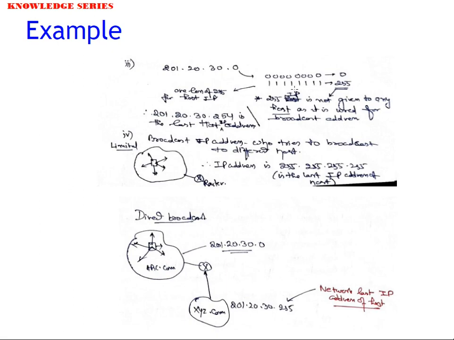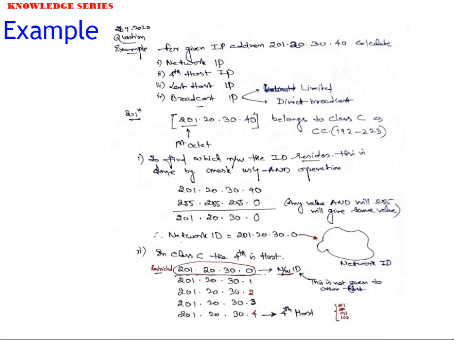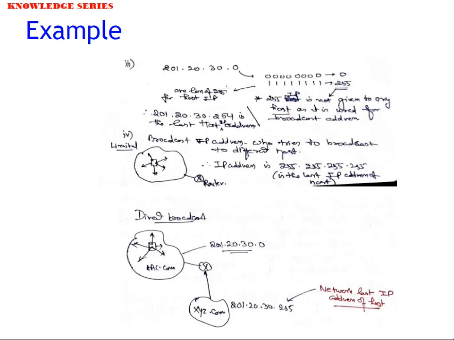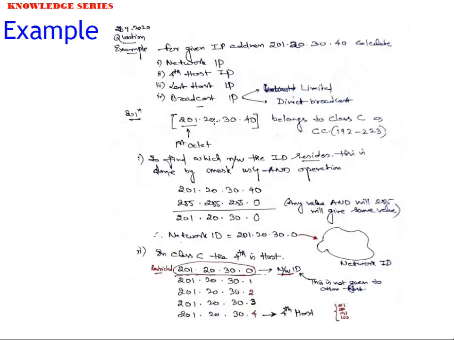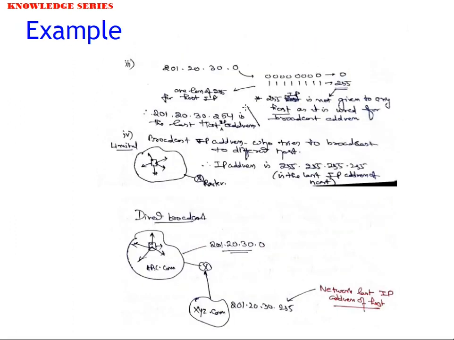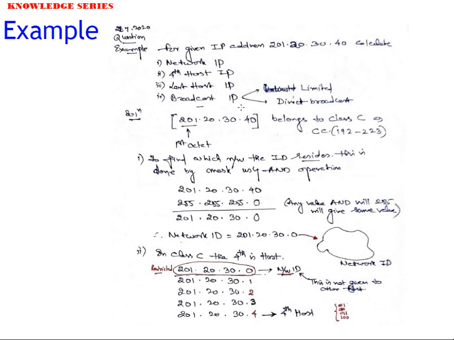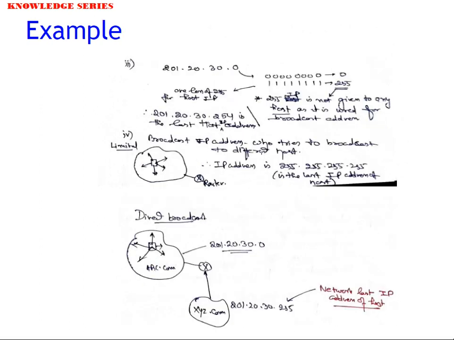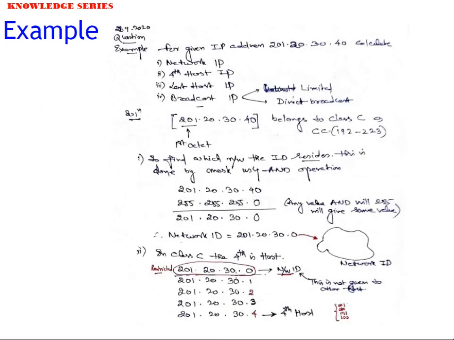That is the maximum you can go. You make it all ones and you do the masking. You will get the last host ID as 201, 20, 30 and 254. So 255 means one less, 254. Now why is it one less? Because we started with a 0 here. That's the reason.